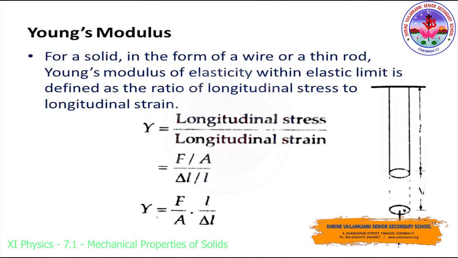The unit of Young's modulus is Newton per meter square, or Pascal, and in CGS, dyne per centimeter square.